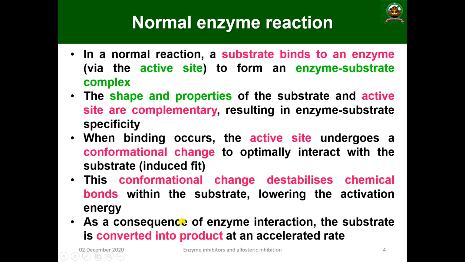Before we talk about the regulatory aspects, you should know how a normal enzyme functions. In a normal enzymatic reaction, a substrate binds to an enzyme via an active site to form an enzyme substrate complex.